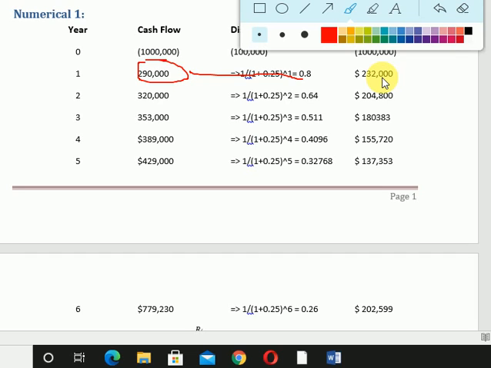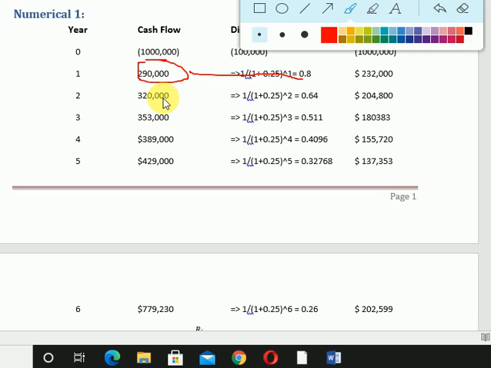If the discount rate is 25%, then after 1 year the value of this 2,32,000 will be 2,90,000. Similarly, now this is the future value for the second year, FV.